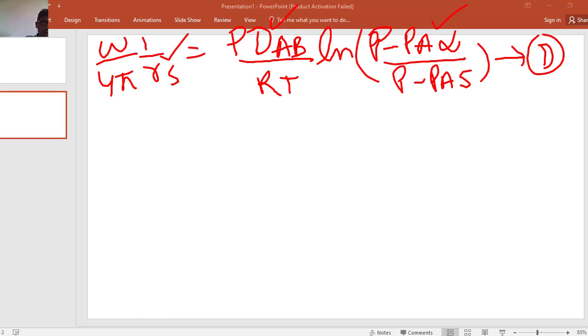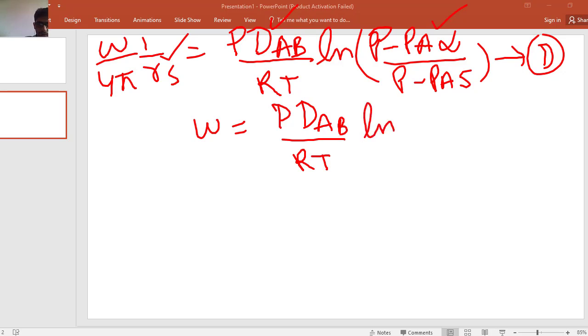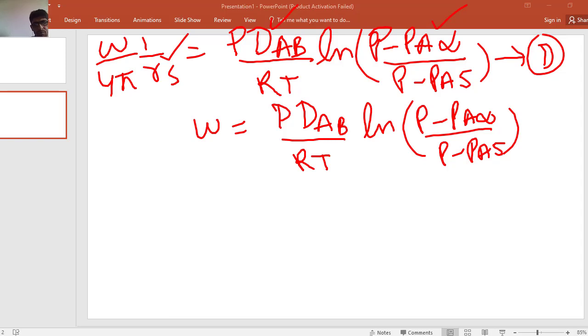We can write this as W is equal to P dAB divided by RT ln of P minus PA infinity over P minus PAS, into 4 pi RS.